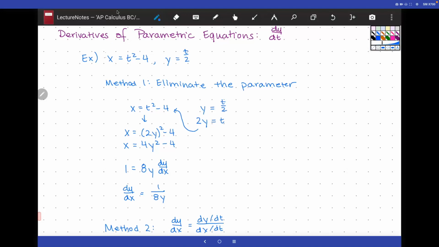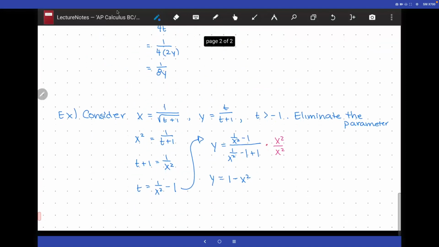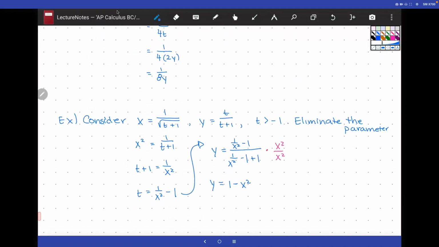So you do have to consider restrictions. And we're going to do domain restrictions like we typically do. So if t is going to be greater than negative 1, what would this graph look like, first of all, if I just graphed y equals 1 minus x squared? Yeah, it's a parabola that opens down. And if we just look at this equation, y equals 1 minus x squared, is there any domain restriction on x right now?